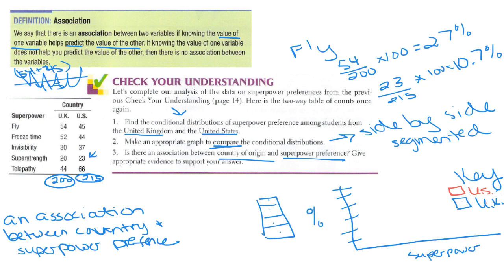So that would be evidence that more students from the UK are choosing those two powers, but more students in the US are more likely to choose invisibility and telepathy. And again, I could cite my evidence: 17.2% for invisibility in the US versus 15% for the UK, as well as 30.7% for telepathy for the US versus 22% for the UK.